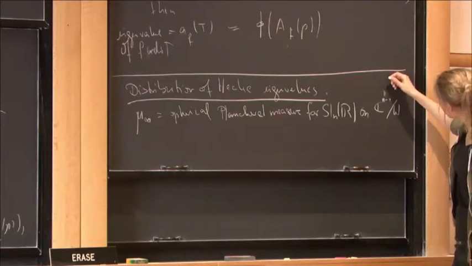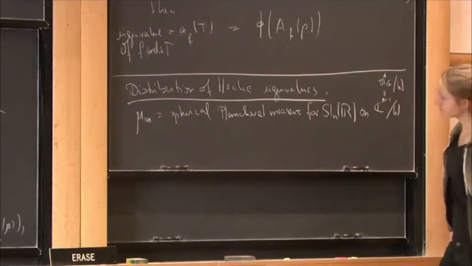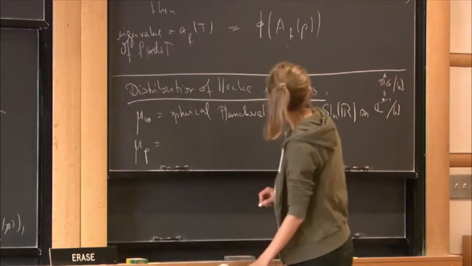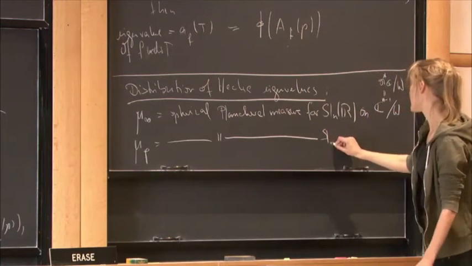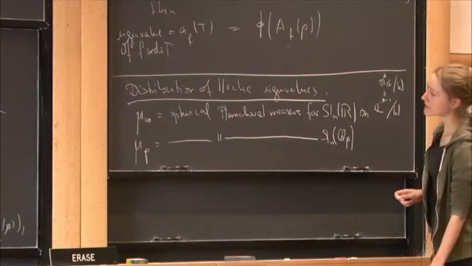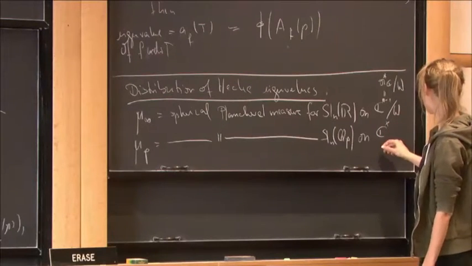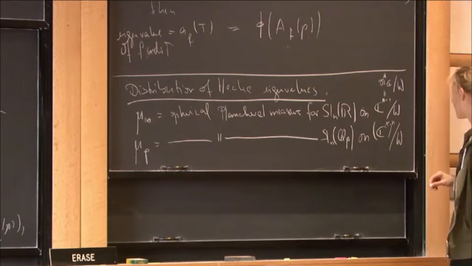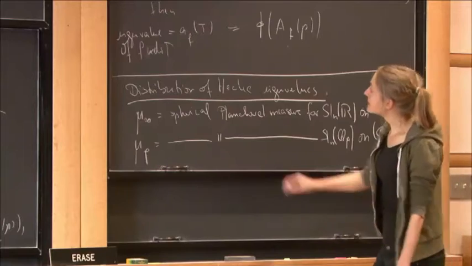And let me denote this in the following by A*_C mod W. And for every prime p, we have the spherical Plancherel measure on SL_n(Q_p), which lives on (C*)^n mod W. So in principle, mod C*.